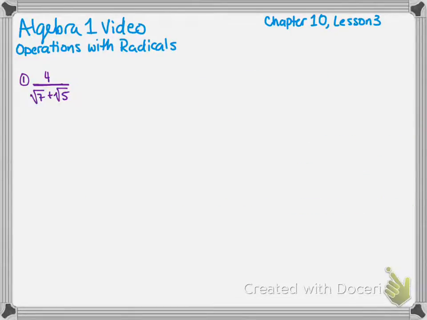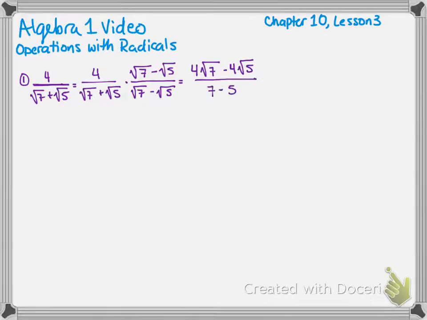Here we have a rational expression, and we need to rationalize it so that there are no radicals in the denominator. So I'm going to multiply this by the conjugate of the denominator, the difference of the denominator, and it's basically going to cancel some stuff out. And distribute, and there we go.